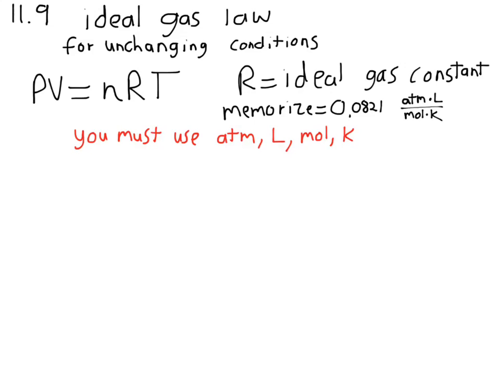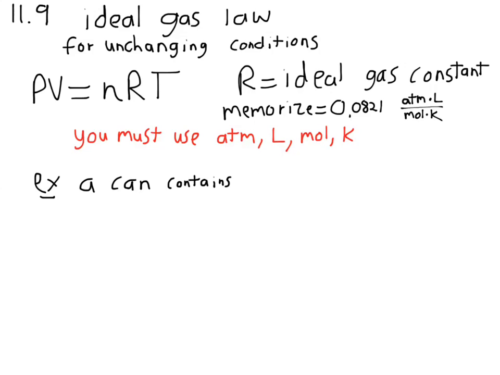If you don't, your units won't cancel out. You're basically using the wrong constant, and you'll get the wrong answer. So in the combined gas law, with changing conditions with the ones and twos, use whatever you want as long as you convert to Kelvin. With this one, you have to use atmospheres, liters, moles, and Kelvin.